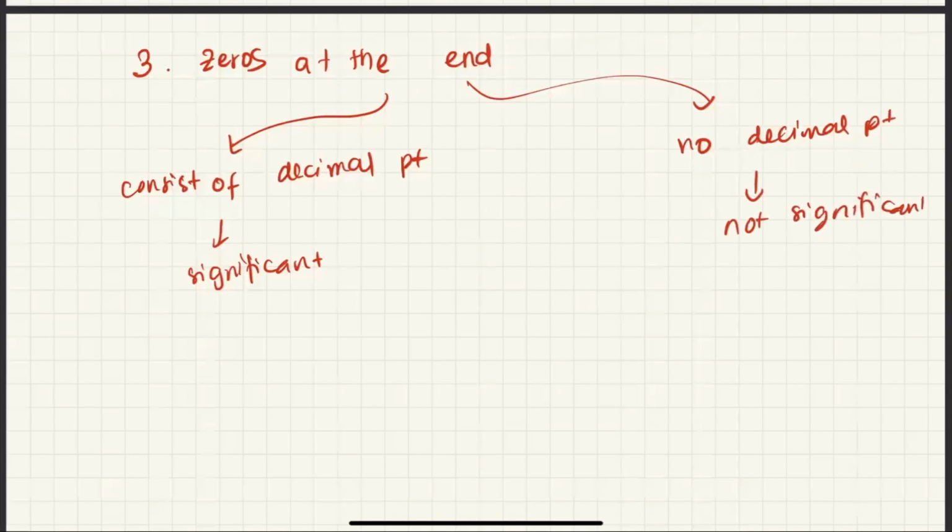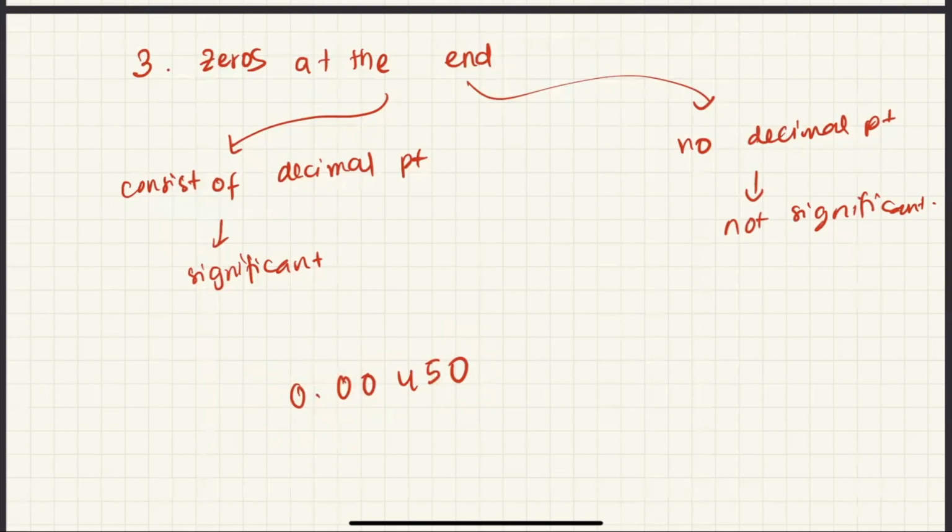Okay, let's see an example here. Let's say you have 0.00450. We know for sure that these zeros in the beginning of the number are not significant, right? From our previous rule. And we know that this 4 and 5 are going to be significant, but now what about this 0 after 4 and 5?